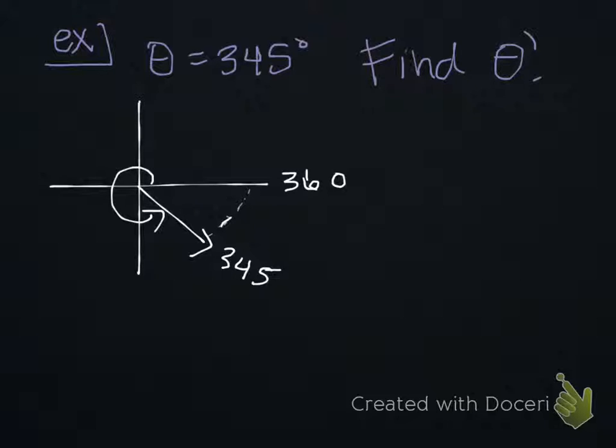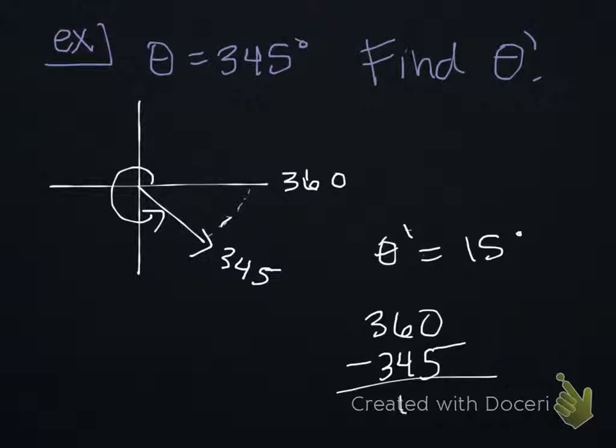So that amount of degrees would be 15 degrees. Now if you wanted to use the formula, if you're in quadrant 4, you do 360 minus your angle of 345, and that's how we'd get the 15. So it's a pretty basic one. Let's try one in radians.